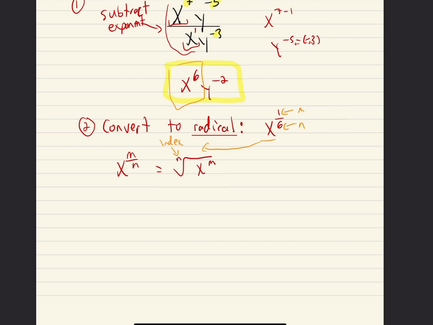And so, when I convert x to the 1 over 6, I'm going to go root x, and for the m value inside the root, I'm going to put a 1, and for the n value, I'm going to put a 6. And so here is a perfect example of how to convert an exponent to a radical.